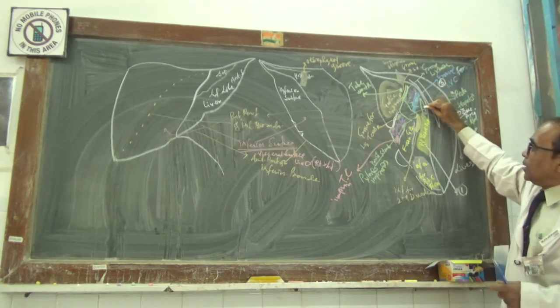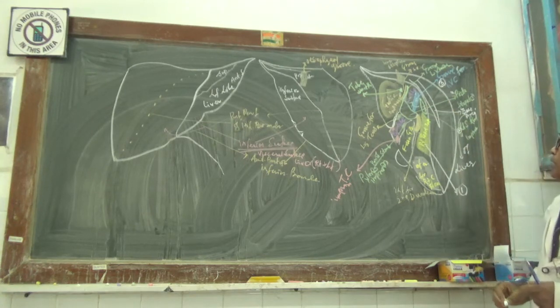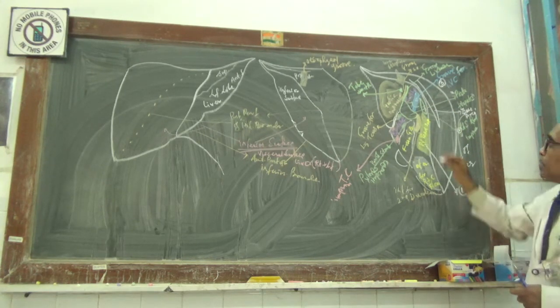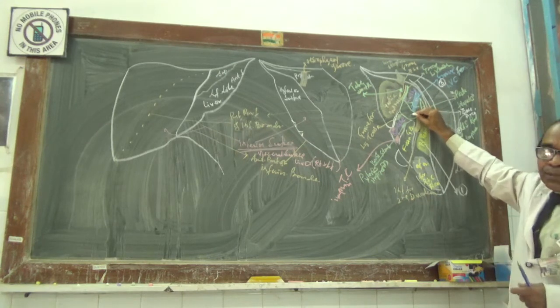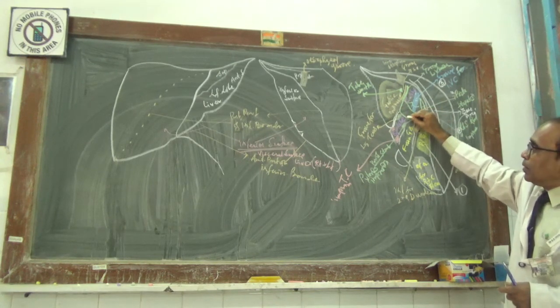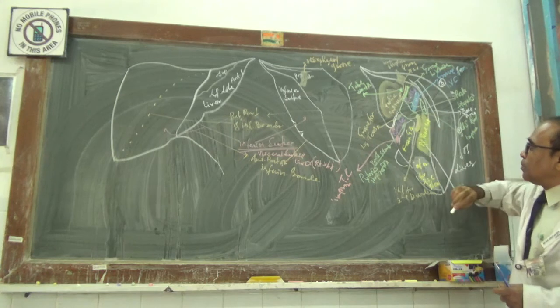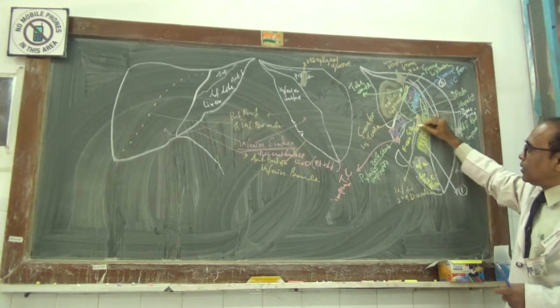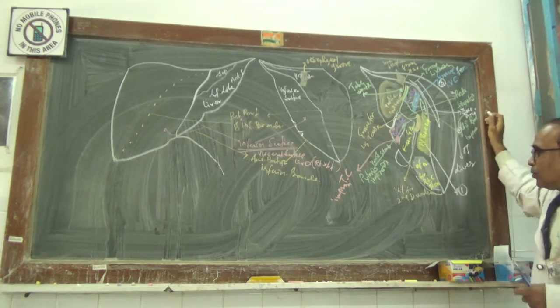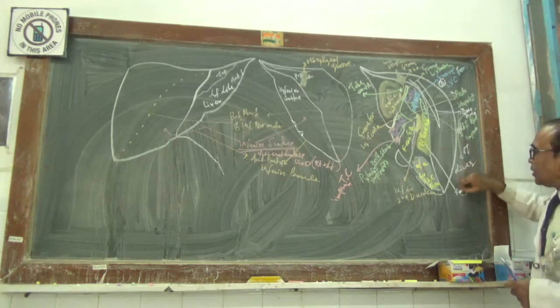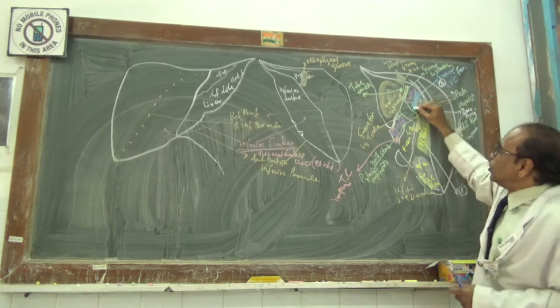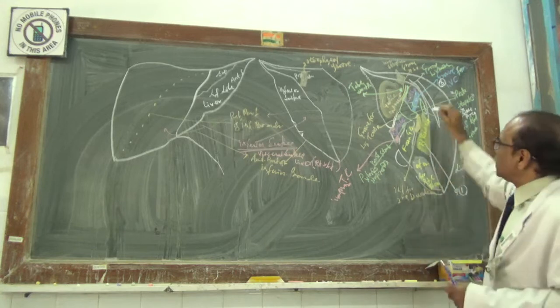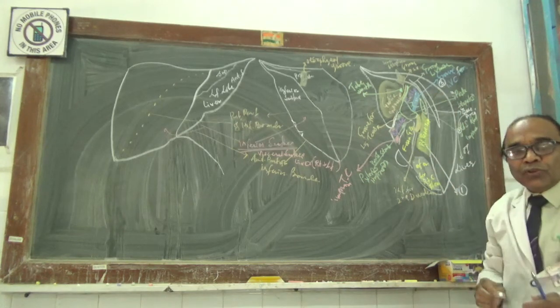Now below and laterally, it is related to the right suprarenal impression. Then straightway below and a little left, it is related to the porta hepatis. Below and laterally, it is related to the second part of the duodenal impression, as well as the right renal impression.